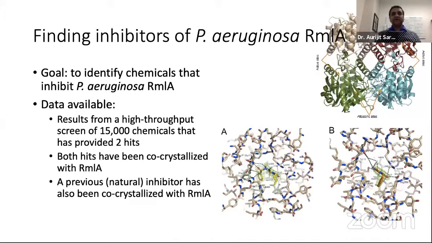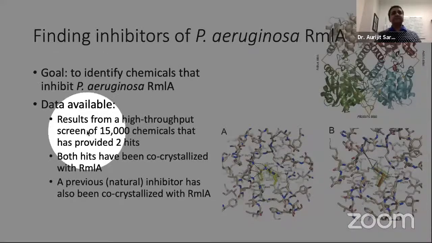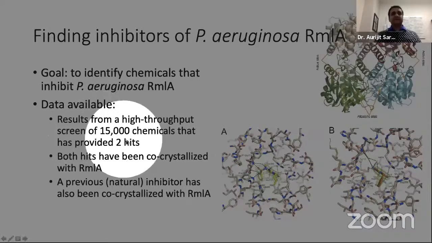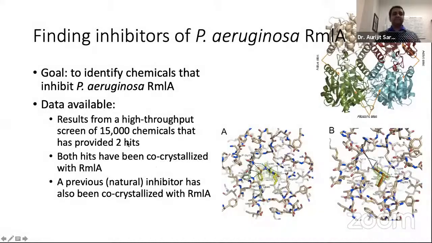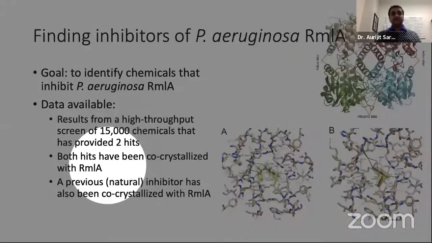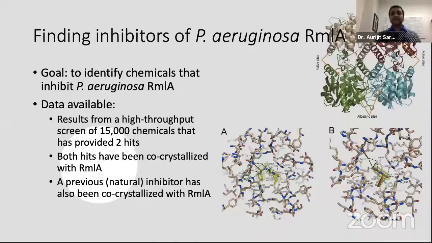So my collaborators at St. Andrews came to me saying, hey, listen, we ran a 15,000 chemical high throughput screen, and we came up with 2 hits against purified RMLA. We have crystallized both of these. If you know Dr. Venkat Subramaniam's background, he's done a lot of crystallography at exactly this same university, University of Dundee.